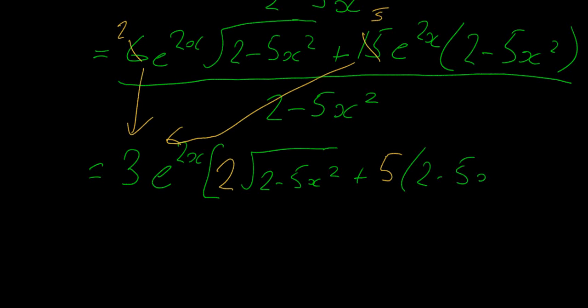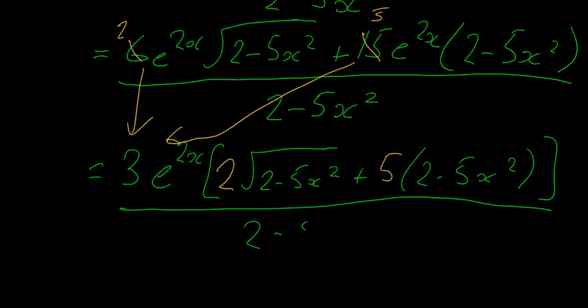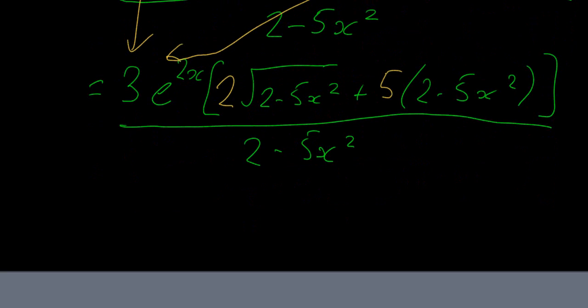2 minus 5x squared over here as well. And you can do a bit more cancelling, actually. Right at the bottom here, you can see that you've got the square root of 2 minus 5x squared, and 2 minus 5x squared here as well.